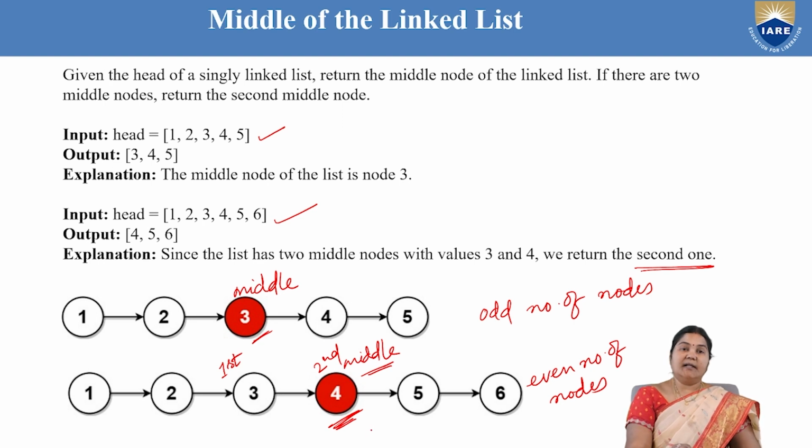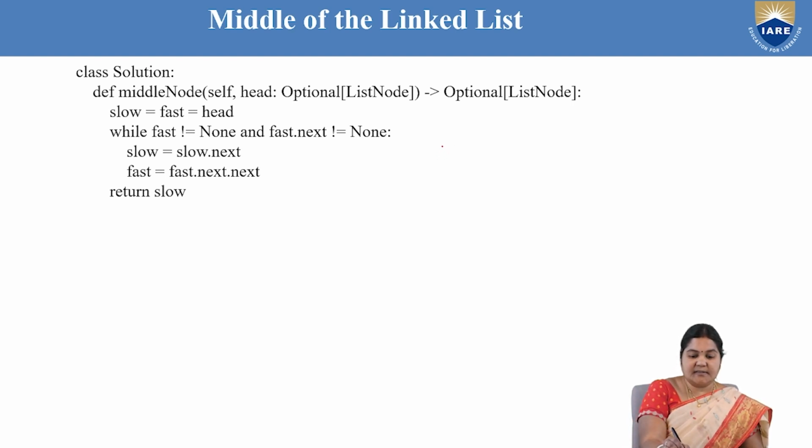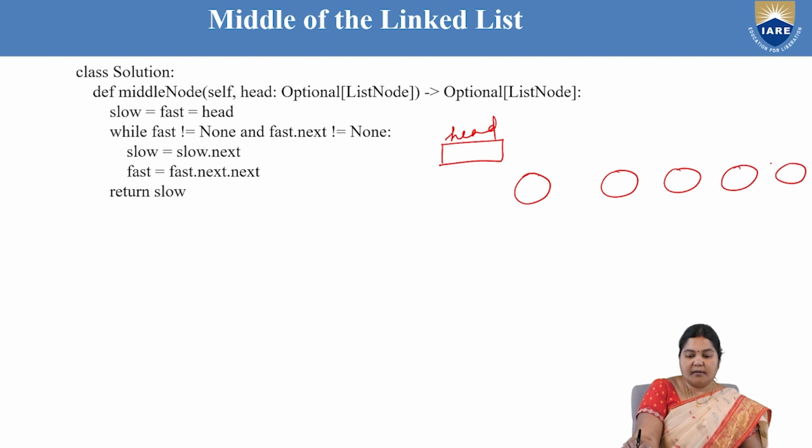Now, after understanding the question with the test cases, let us see how to solve this problem using the fast and slow pointer approach. Let us take the first test case, where we have a head pointer and we have 5 nodes. Every node contains a data value and the address of the next node.